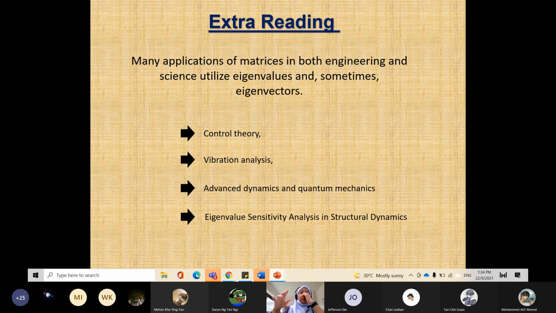If you further your study, you can use a lot of eigenvalues in structural dynamics. But I think structural dynamics is not applicable for undergrad. If you go further in postgrad, you will see lots of usage of eigenvalues and eigenvectors in structural dynamics.